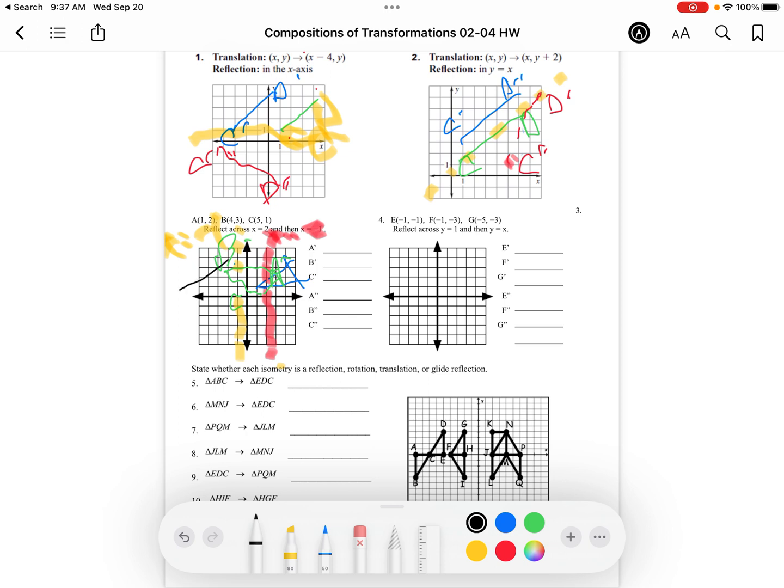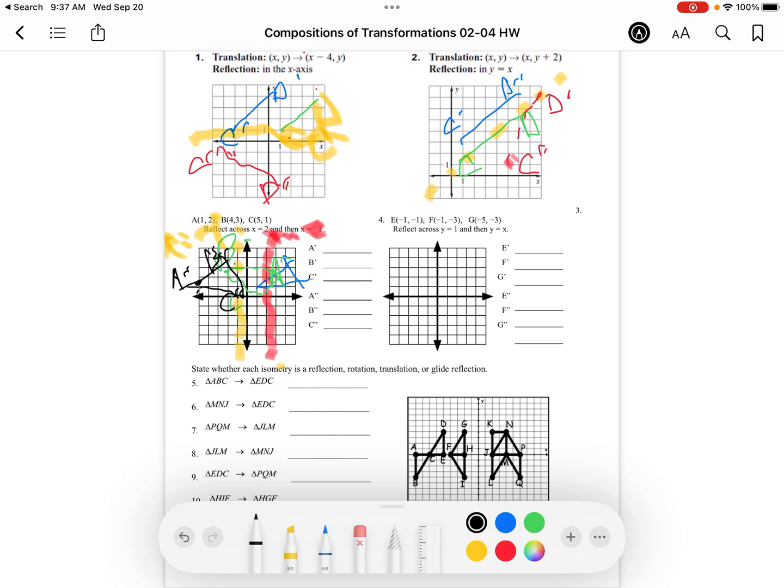As goes a little bit off as A double prime, B double prime, and C double prime. And that shares a point in common with the second transformation, because that's also right on the x equals -1 axis.